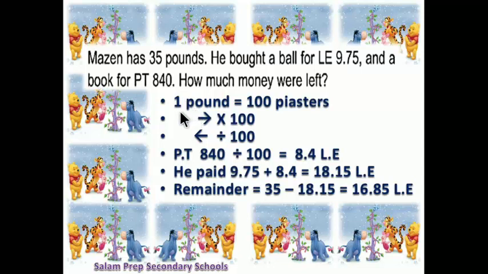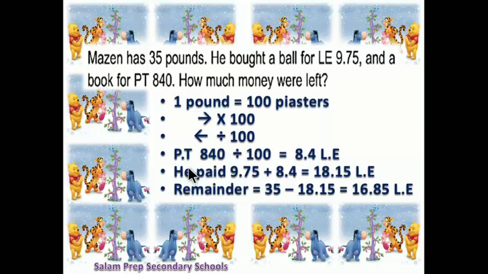We know 1 pound equal 100 piastres. If you need to convert from pounds to piastres, we multiply by 100. But take care, when we need to convert from piastres to pounds, we divide by 100.